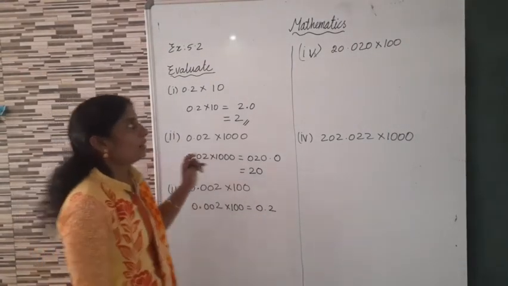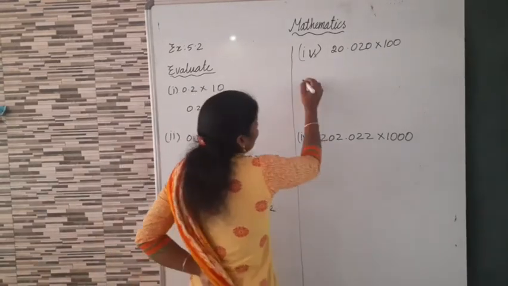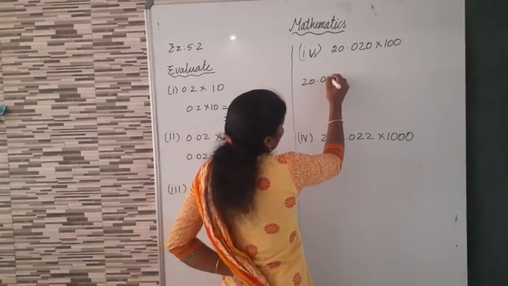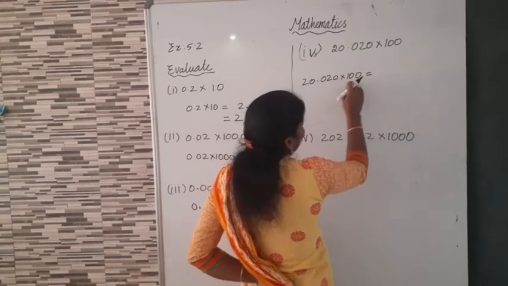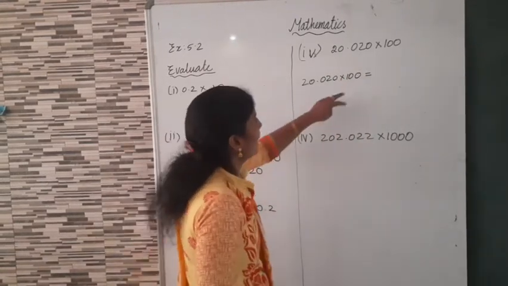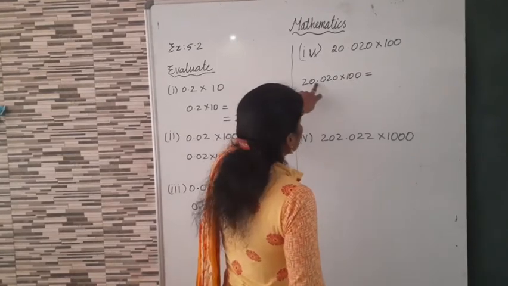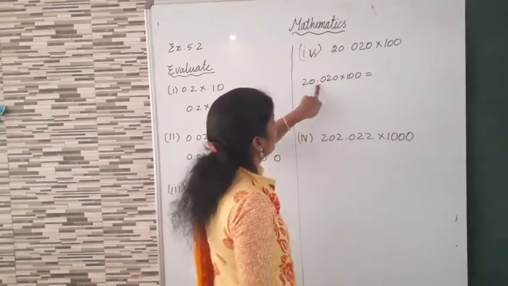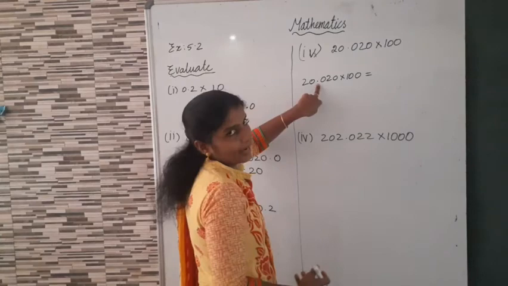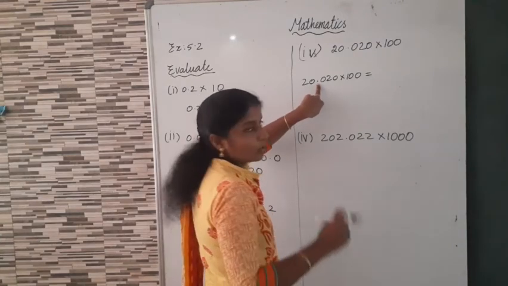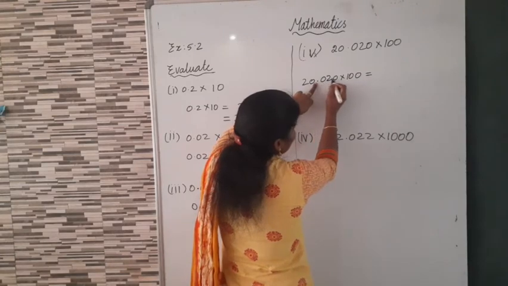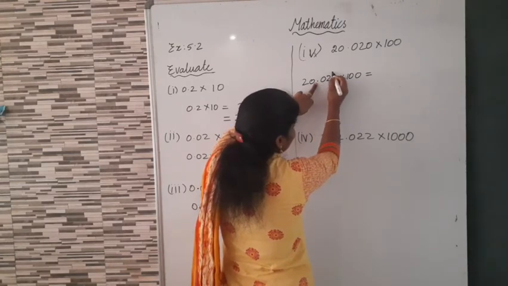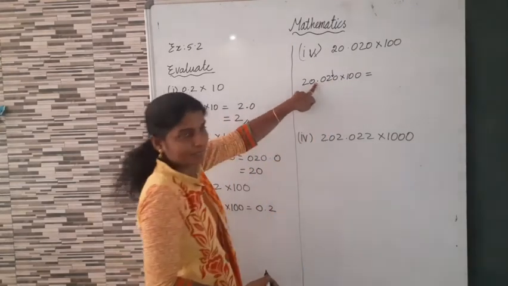Okay. Now, the next question, 20.020 multiplied by 100. Now listen here. The decimal point moves to the right by how many places? 2 places. 2 places means first place, then second place, then the point will come here, isn't it?